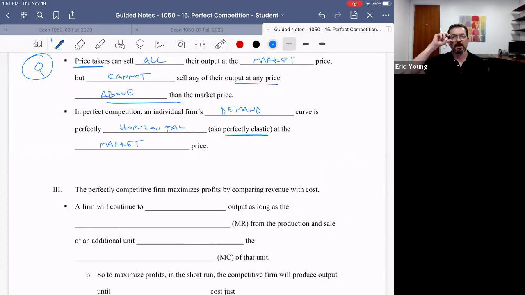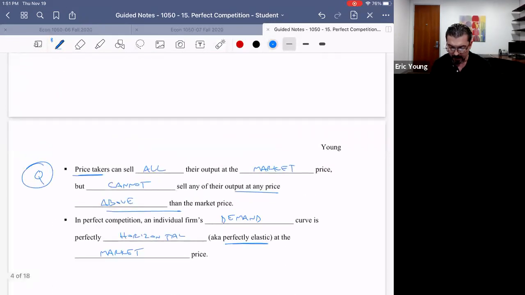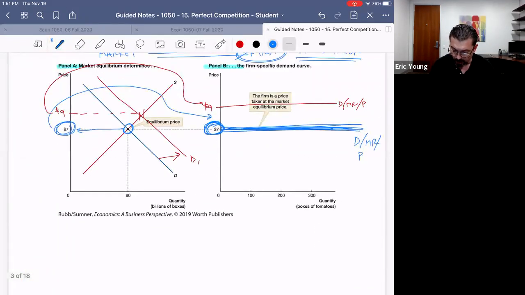And if you think back to our lesson on elasticity and what perfectly elastic meant, you should be putting all those ideas together and understanding that this perfectly horizontal, perfectly elastic demand curve implies that if they charge even $1, heck, even a penny over $7, for example, they'll sell no output, because consumers in this market are perfectly price sensitive because they have countless substitutes from large numbers of sellers. So that's how those factors all come together.